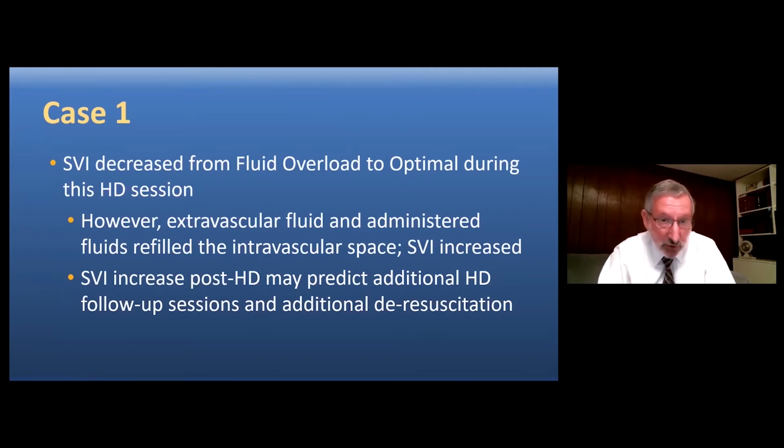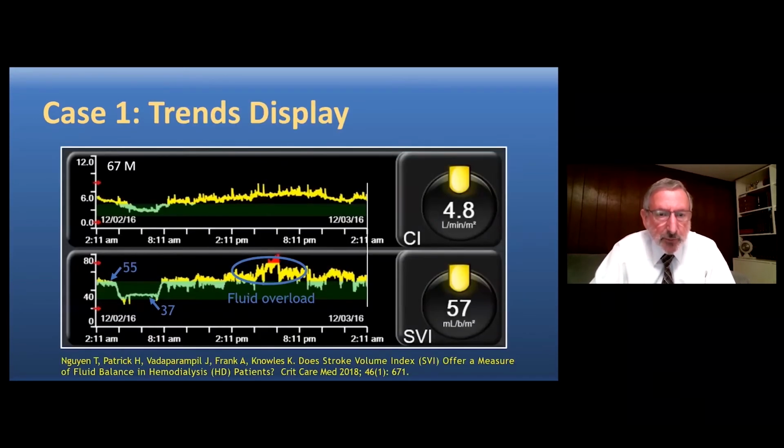Okay, notice, however, despite all precautions, the patient became fluid overloaded again about 12 hours later as excessive IV fluids were running, and the SVI, still running continuously, warned that the patient was getting fluid overloaded and would either need a new dialysis session or would need a cutback in the fluids running.